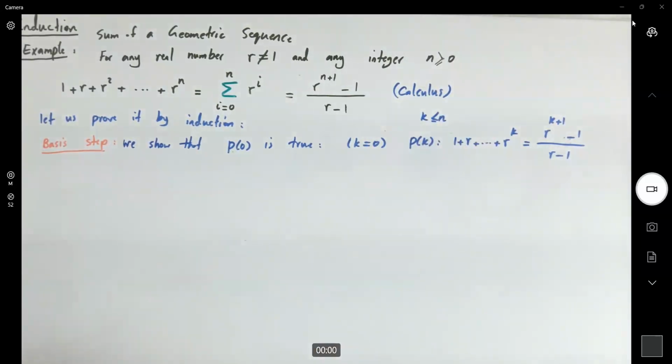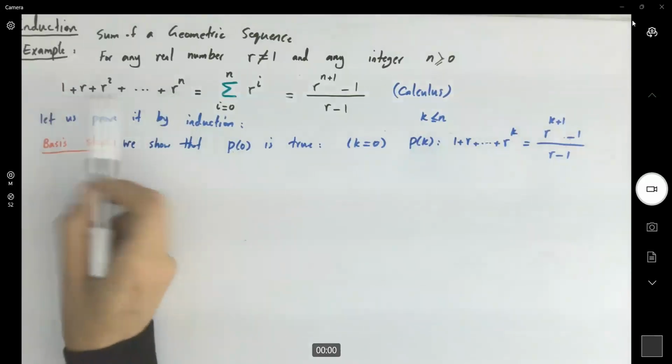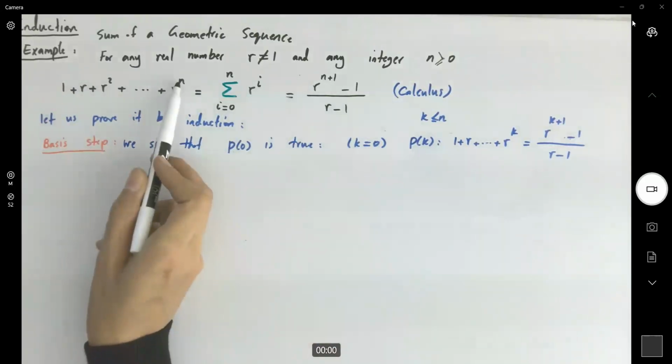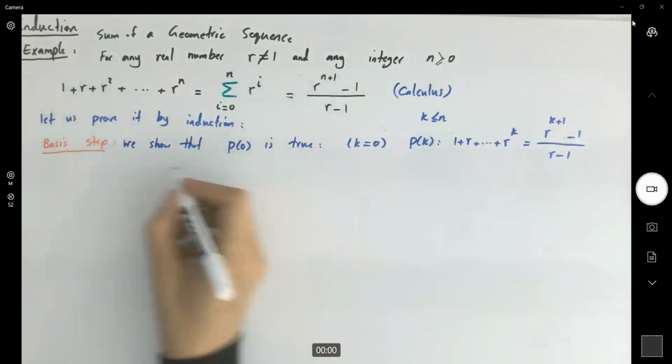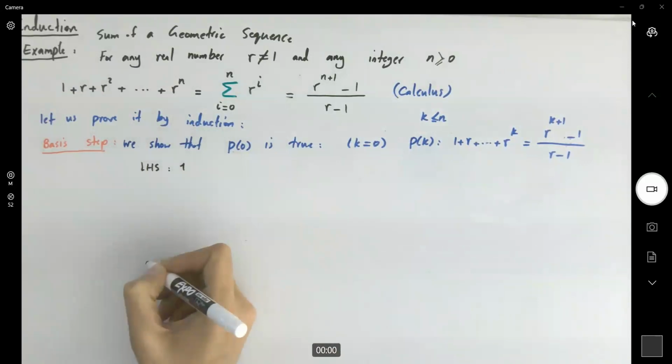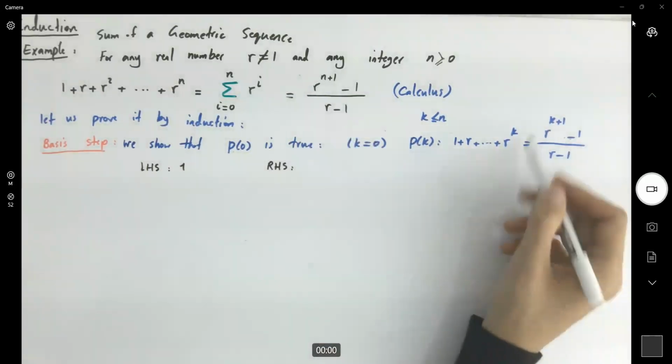Okay, let's check it. If I plug in k equal to 0, the very first element, r to power 0 is equal to 1. So my left-hand side is 1. What is my right-hand side? It's just this fraction.